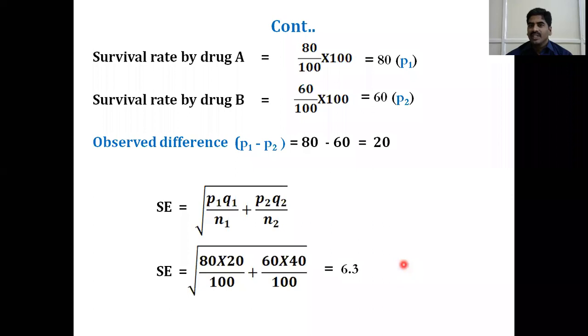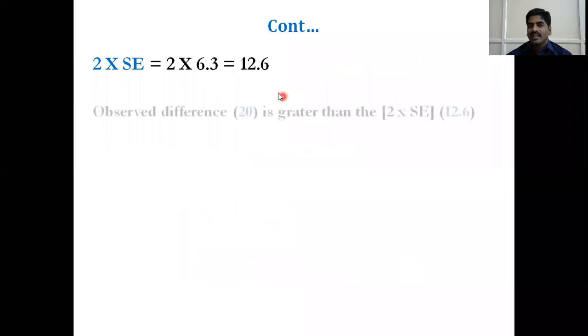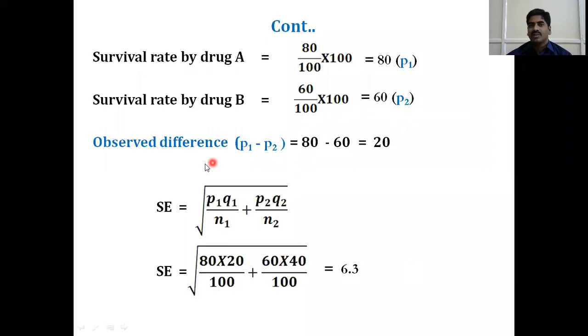What is step 3? We have to multiply 2 times the standard error. So that is equal to 2 times 6.3, 12.6. Here, the observed difference is greater than 2 times the standard error. What is the observed difference?